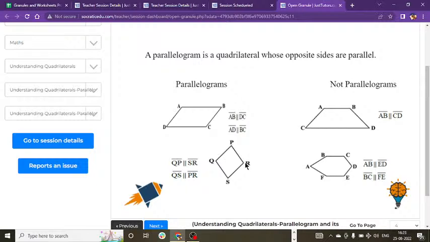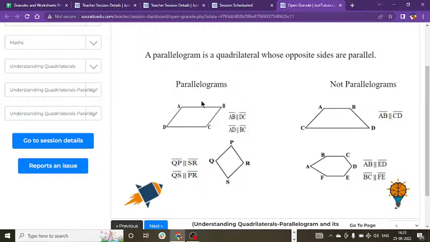Now we will see the other side. Here we are going to learn about figures whose sides are not parallel and equal, which are not called a parallelogram. Let's see. Here we have quadrilateral ABCD. AB is parallel to CD, but they are not equal.